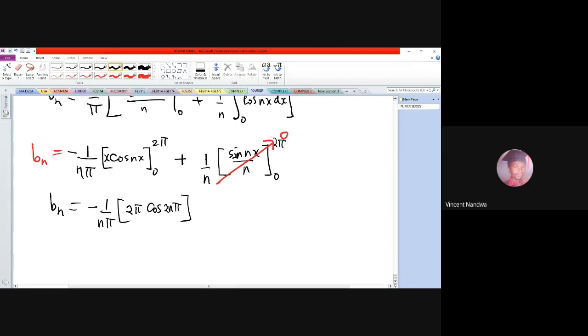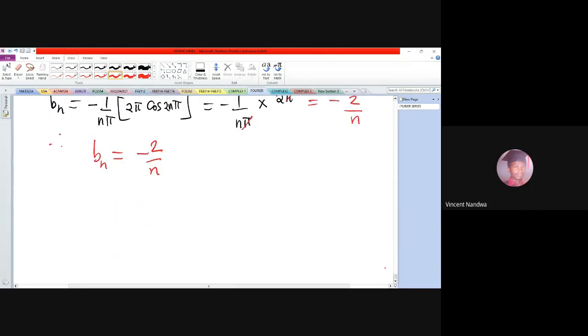Cosine of multiples of 360 degrees is always 1, so this is minus 1 over n pi times 2 pi. And then n and n cancel, so we have minus 2 over n. Therefore, bn equals minus 2 over n.